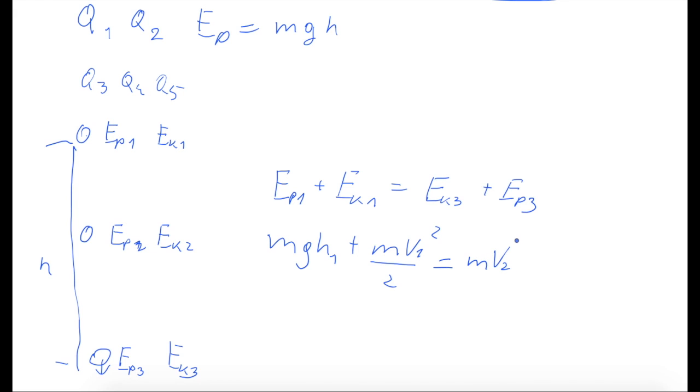Now speed changed, so we'll change the speed to v2 plus mgh, actually 3 in this case, not 2, because we're looking at the bottom of our motion, mgh3. So question 3, question 4, and question 5 are asking you explicitly to apply those equations to calculate either speeds or velocities and so on.